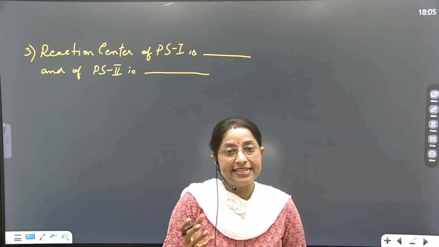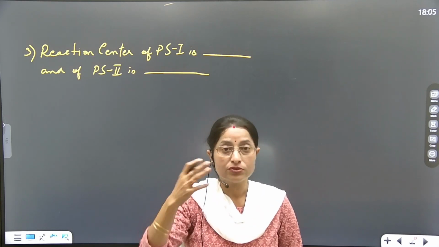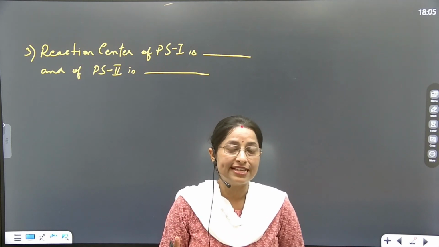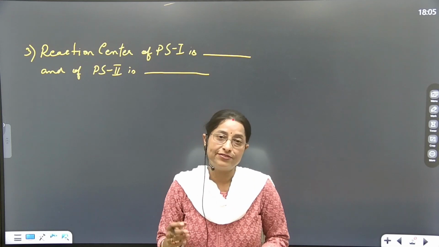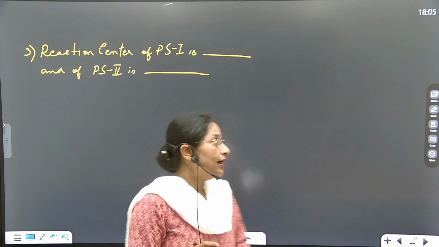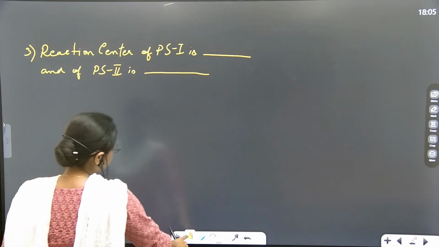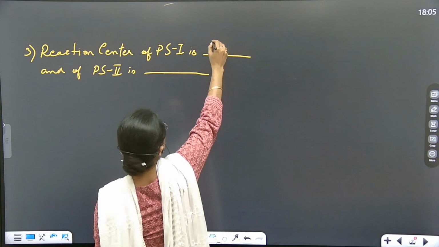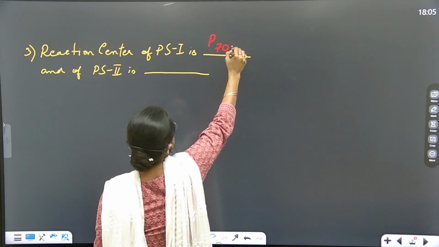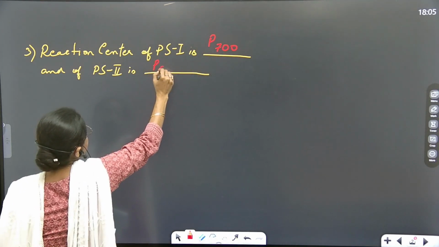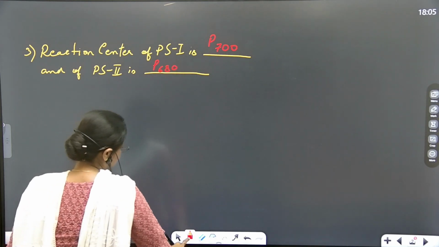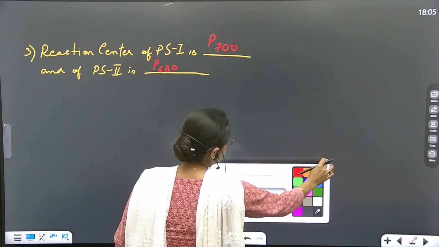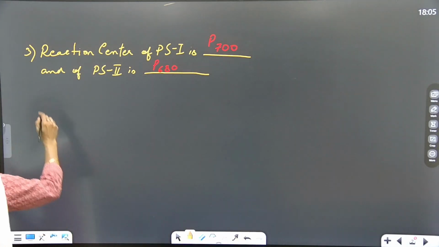PS1 is a group of photosynthetic pigments. PS2 is also a group of photosynthetic pigments. And in both groups, what acts as the reaction center is obviously chlorophyll A molecules. We discussed it in the last class. Talking about PS1, who forms the reaction center? P700, and for PS2, it is P680. The next question.